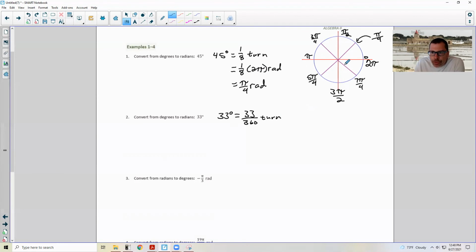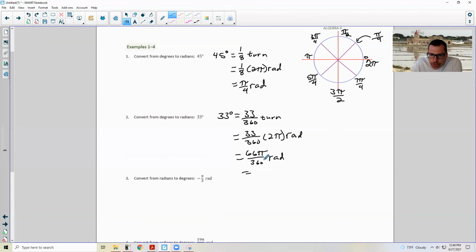So you don't have to do this unit circle with all these breaks to find where 33 degrees is. So we have 33 over 360 turns. Well, that's going to equal 33 over 360 times 2 pi radians. So this is going to equal 66 pi over 360 radians.